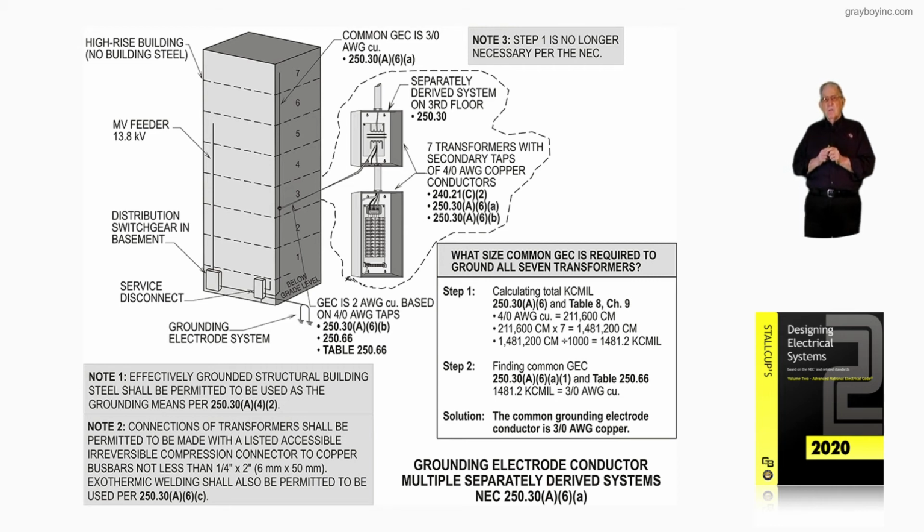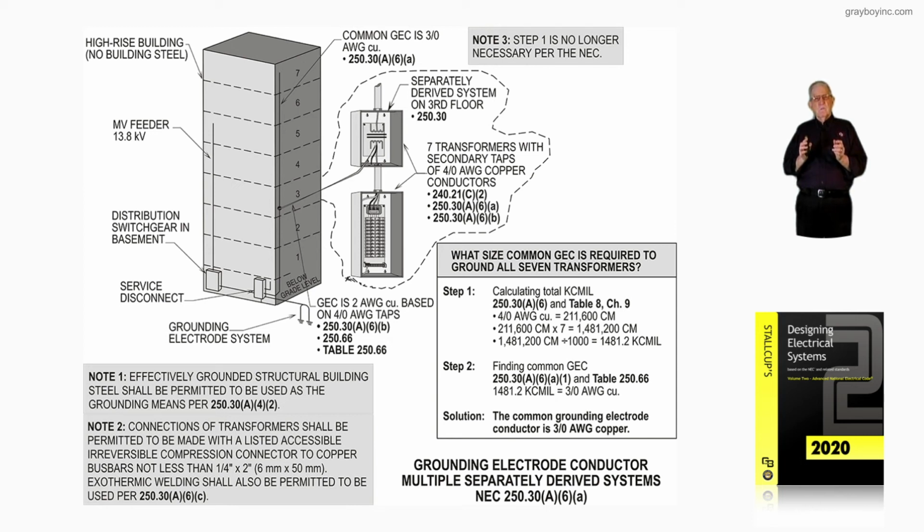And they'd get the circular mil rating from Table 8 of Chapter 9 for that 4/0, which is 211,600. They take the 7 floors and multiply times that 211,600 circular mil, and they would come up with that figure of 1,481,200 circular mil, which would put them automatically, in most all cases, to use a bus bar.